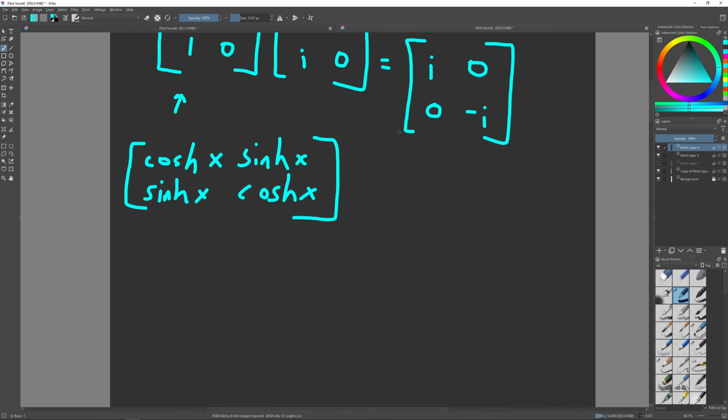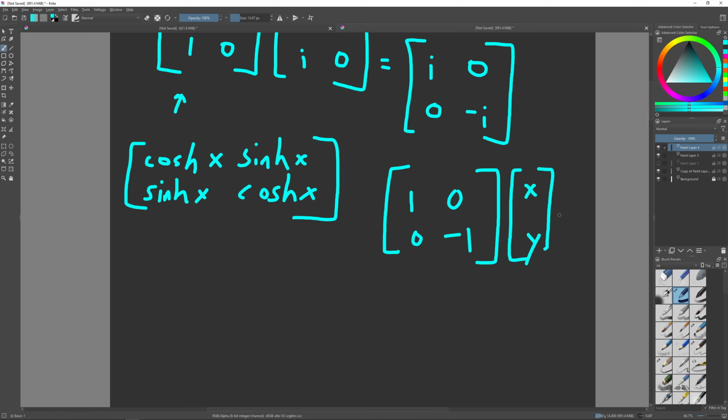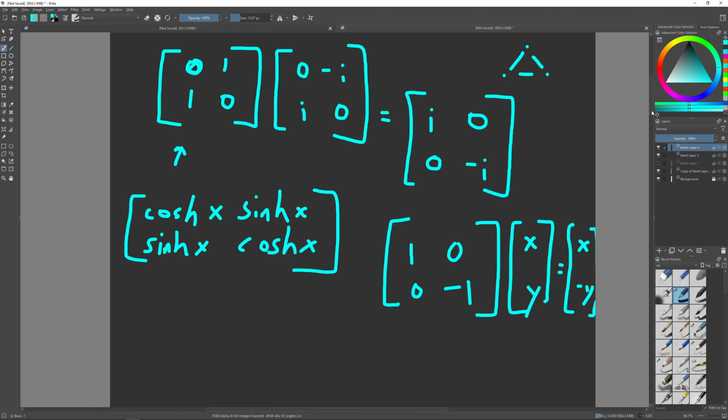Now, I guess this matrix is the other one that is pretty straightforward. You're just negating the y value. It'll leave x alone and give you a negative y. But let's try right multiplying and just try to verify that that is going to do what we think it is.